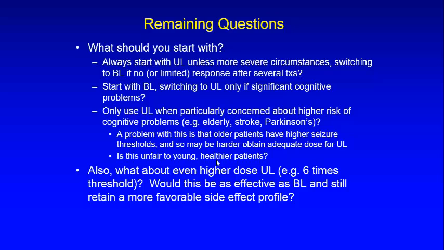The problem with that is that we expect older patients to have higher seizure thresholds, and so it might be harder to obtain an adequate dose for a unilateral lead placement. And also, is this unfair to younger, healthier patients?